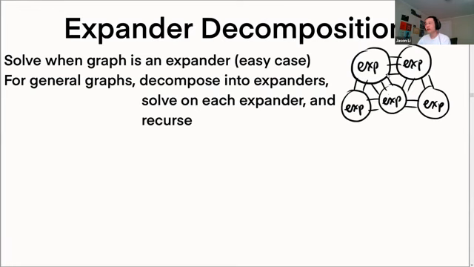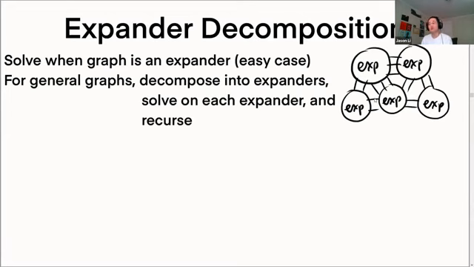And let's say there are not many edges between the expanders. Then we'll solve the problem on each expander and somehow recurse on the rest of the graph, the vertices between expanders, which will be, let's say, a constant fraction, so the problem size drops by, let's say, a factor of 2. Of course, how we recurse and how we stitch together the problems is problem specific, but this is the general approach.